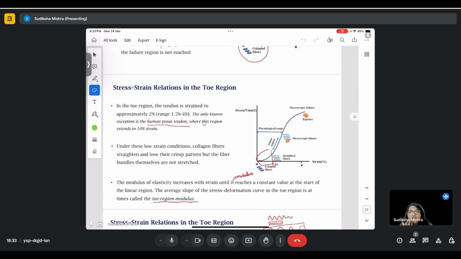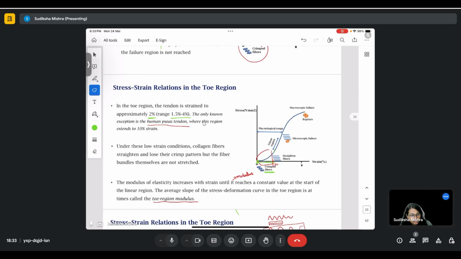If you look at the ranges for strains in these regions, the tendon can be strained to approximately 2% on average, with a range of 1.5 to 4%, in the toe region. Initially, at the starting point, the fibers are crimped, and as they straighten out, they enter the linear region.